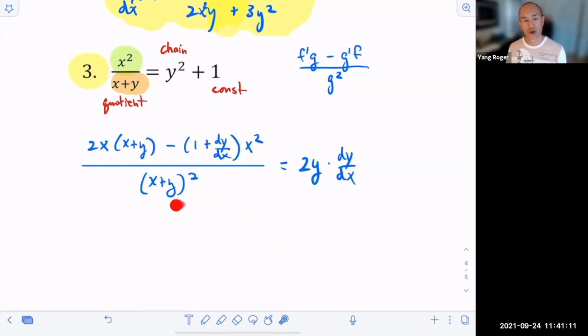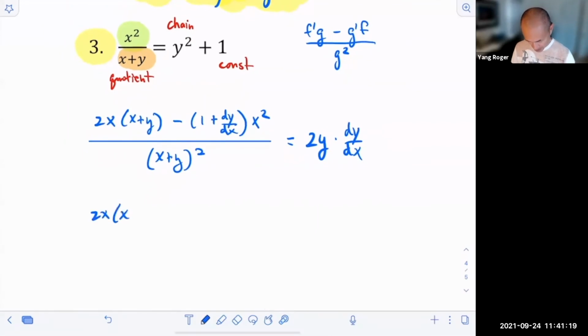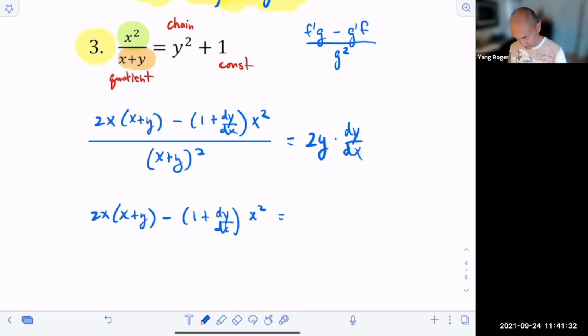So what I'm going to do is multiply both sides by x plus y squared. So when I do that, I'm going to get 2x times x plus y minus 1 plus dy dx times x squared equal to 2 times y times dy dx times x plus y squared.